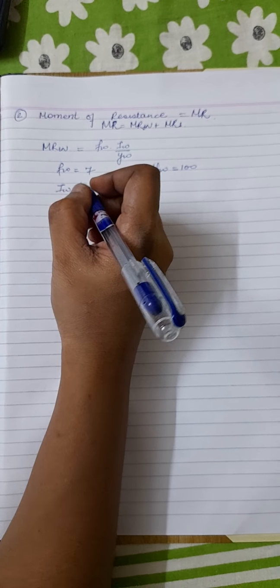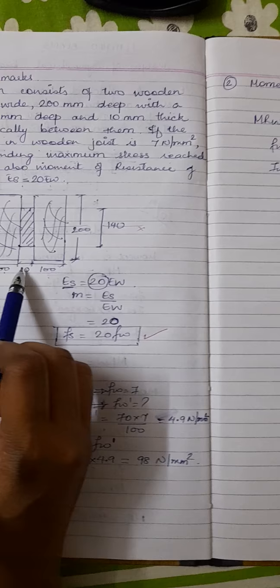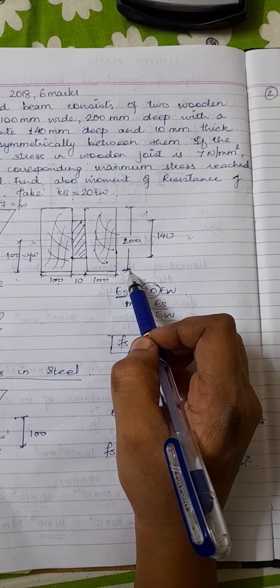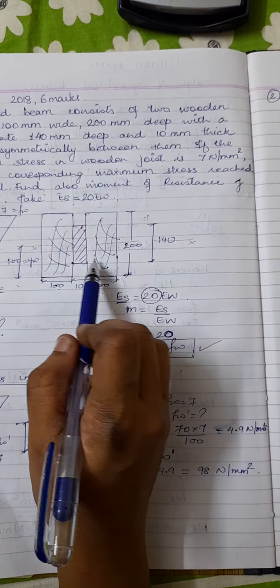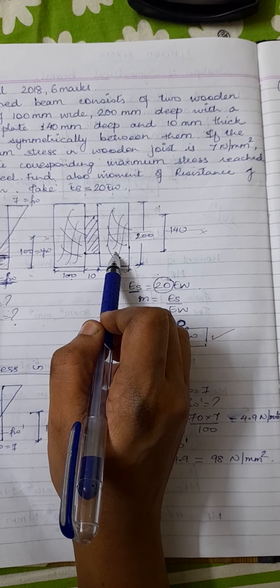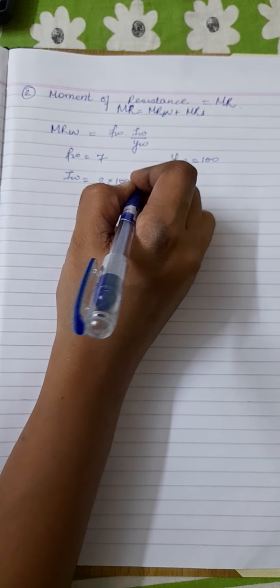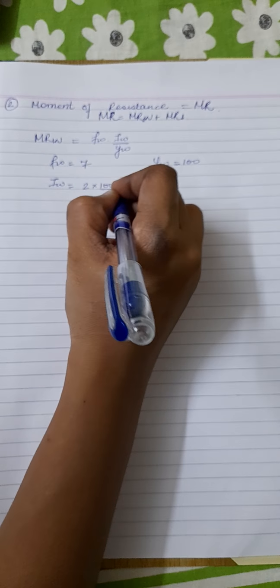Iw is wooden section, so 100 into 200 cube by 12, and since there are two wooden sections, multiply by 2. So 2 into 100 into 200 cube by 12.